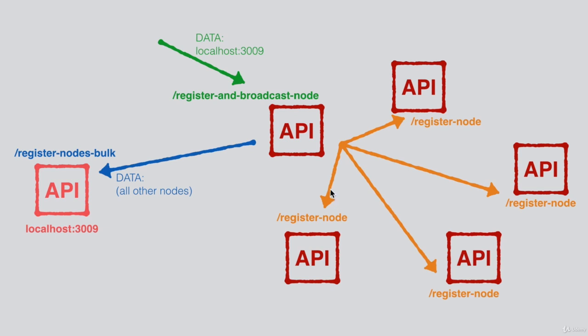After the broadcast is complete, the original network node that we hit will send a request to our new network node, and it will hit the register nodes bulk endpoint. Doing this will register all the other nodes in the network with our new node. And that's it. So when this whole process is complete, all of these nodes will be a part of our decentralized blockchain network, and they will all be registered with each other.